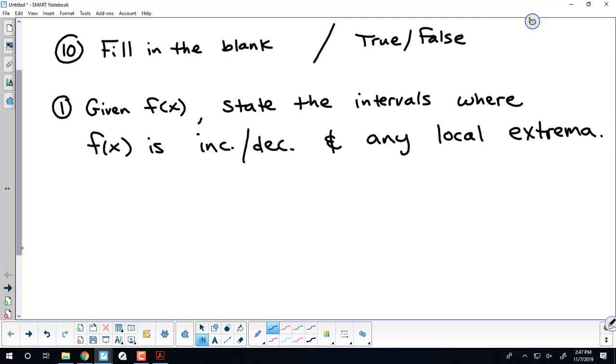So that's where you come up with, depending on the domain of the function, the interval or the test line for your derivative. You plot your critical points, and then you test on either side.